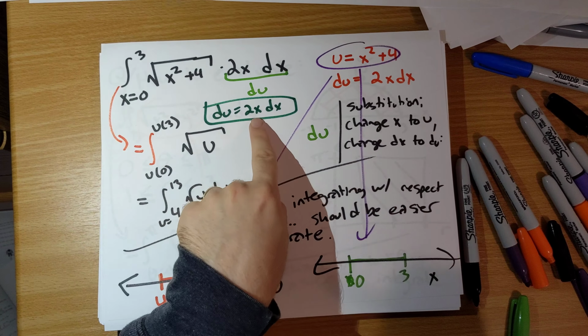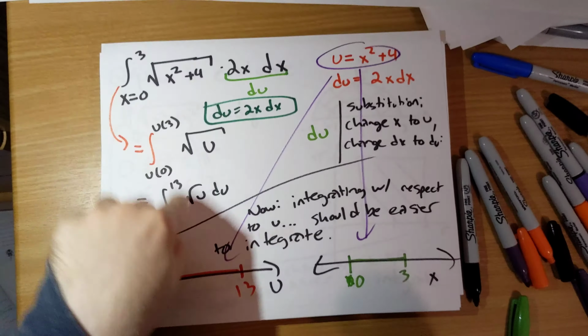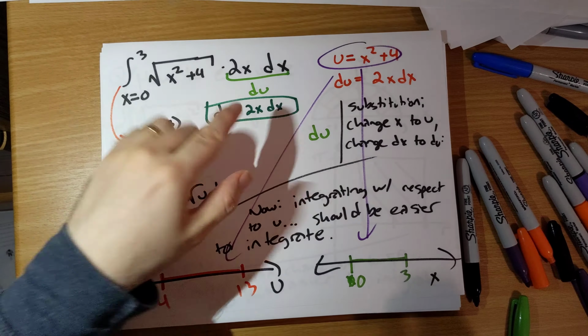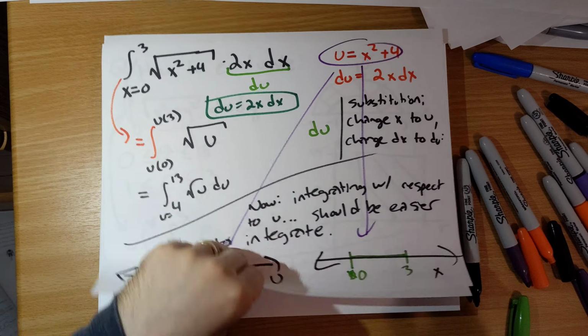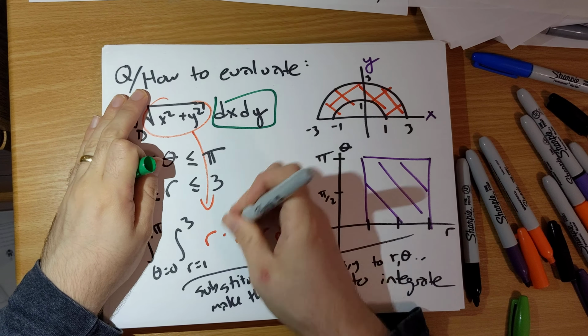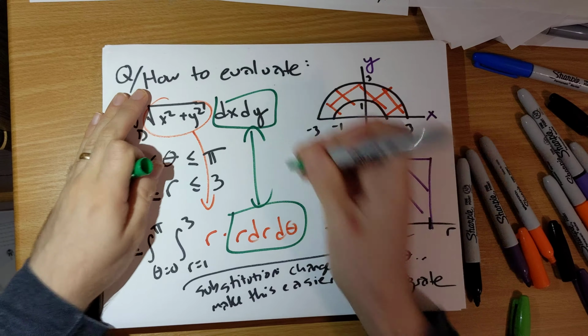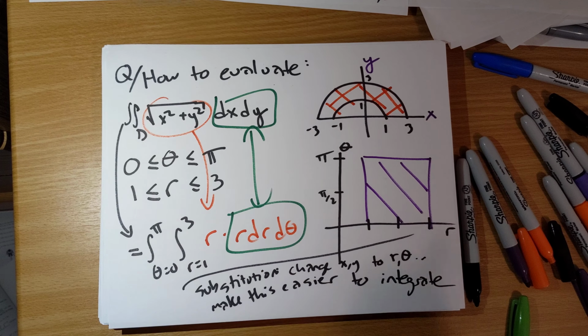So there is a factor of 2x that gets deleted going from here to here, or as you can think of going from here to here, there's a factor 2x that gets thrown in. And then in this example, dx dy is equal to r dr d theta. There's an extra factor r that gets thrown in here.